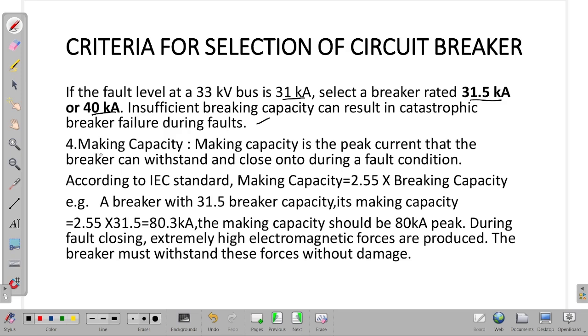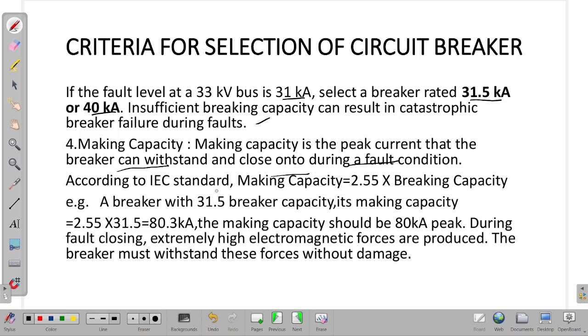The next criterion is the making capacity. The making capacity is the peak current that the breaker can withstand and close onto during a fault condition.